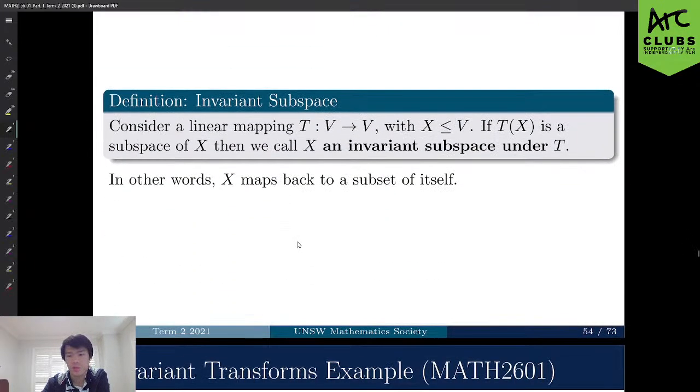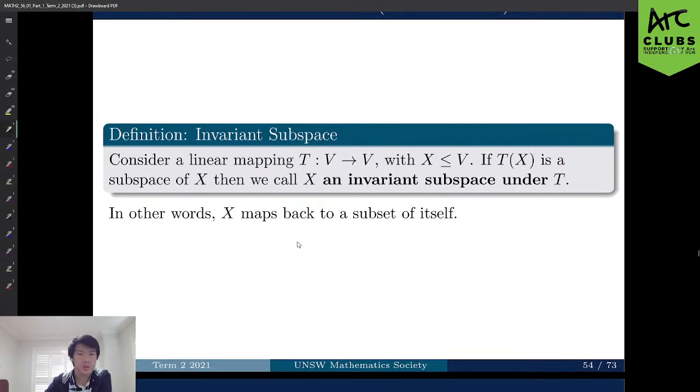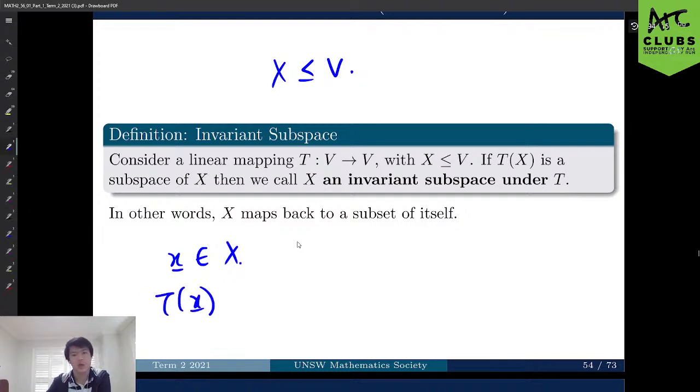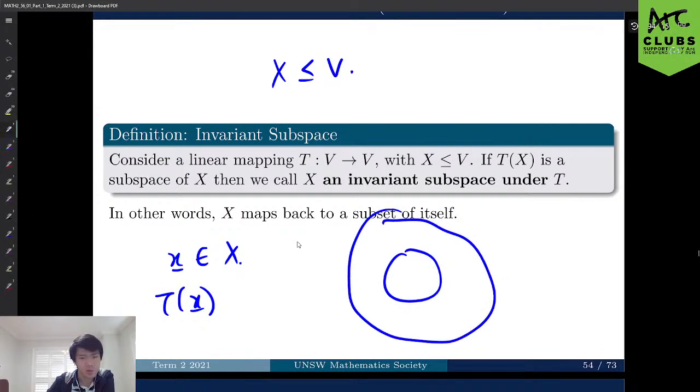Right, so we'll move on to invariant subspaces. So the idea is that if we have a subspace X of vector space V, and we calculate T of all the elements of X, so we take x as an element of X and calculate T of x, it might not be in X, because X is a subspace of V. This is X, in a way, and this is V. So if we do T of an element over here, it might land over there, for example.